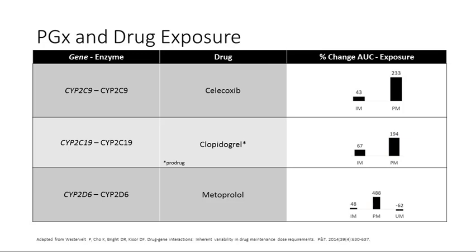And then if we go to the other end, the very, very efficient metabolizer, that ultra-rapid metabolizer, they have a decreased exposure. And that's a 62% decrease in exposure. So depending on the form of the gene, we can have increased or decreased exposure. And so it can get a little bit complicated.